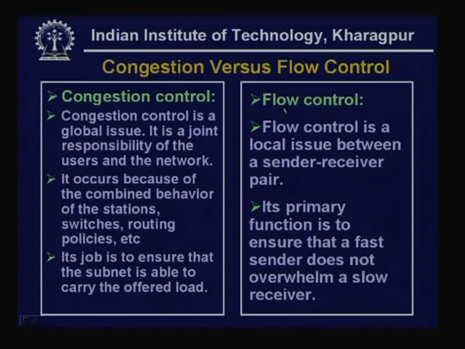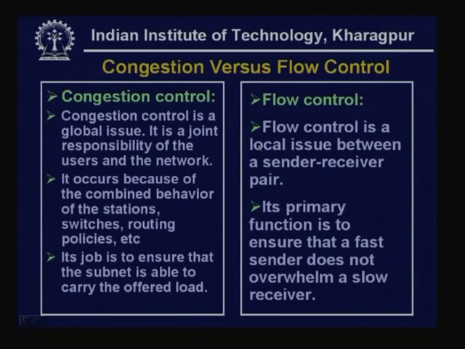On the other hand, a destination node which is a desktop can receive only at 1 gigabit per second. So in this case it will get overwhelmed. Although there is no heavy traffic in the network, a source node with heavy load can overwhelm a receiver. So in such a situation, flow control is performed.